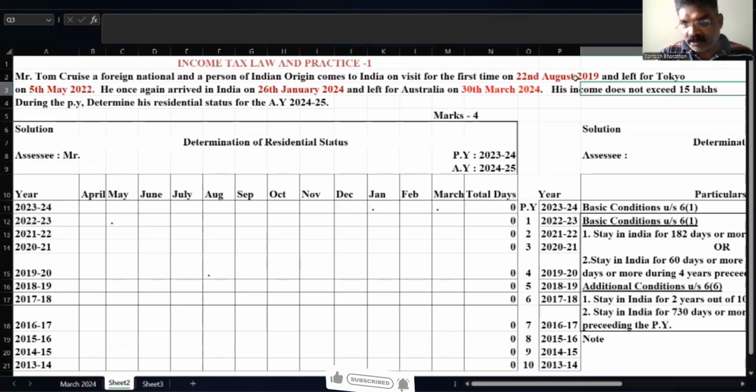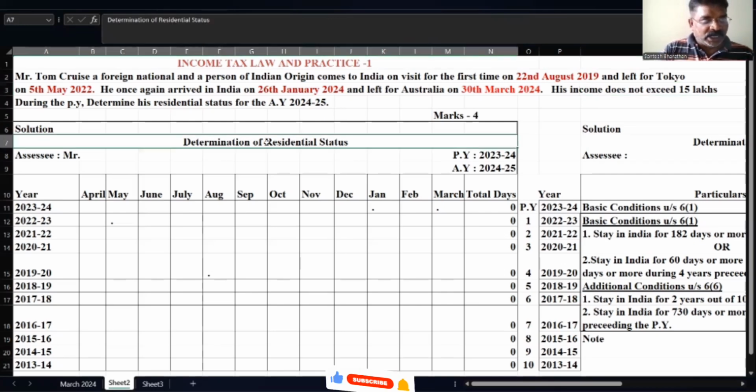Those are the 2 dates they have given. He once again arrived in India on 26 January 2024 and left for Australia on 30th March 2024. His income does not exceed 15 lakh during the previous year. Determine his residential status for the assessment year 24-25.